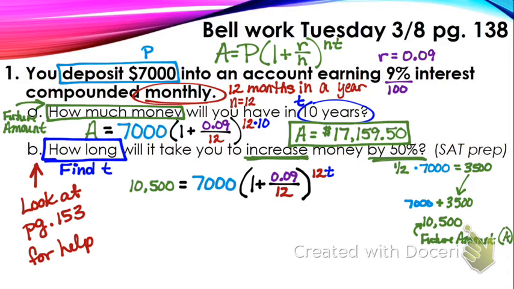Remind me what our goal is again. We want to find t. We want to figure out how much time it's going to take. Where is t? It's part of my exponent. T is up here.